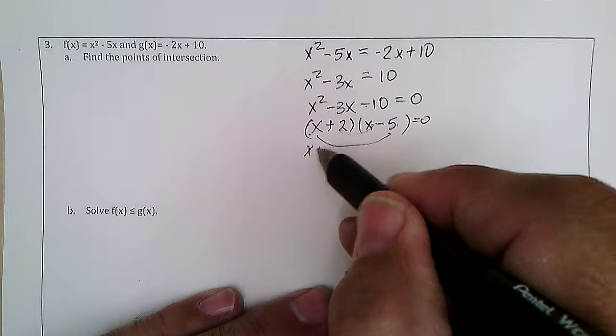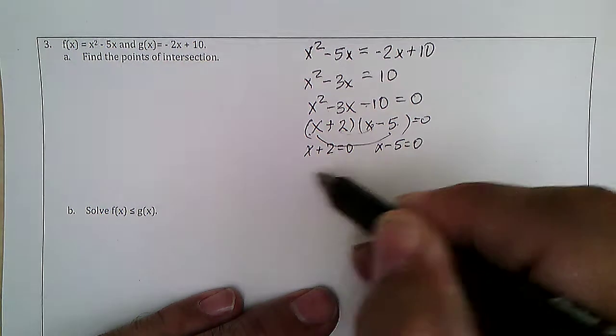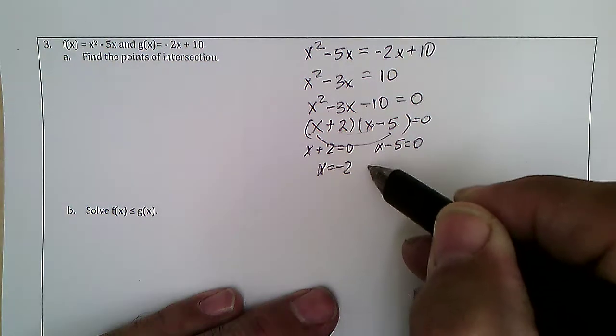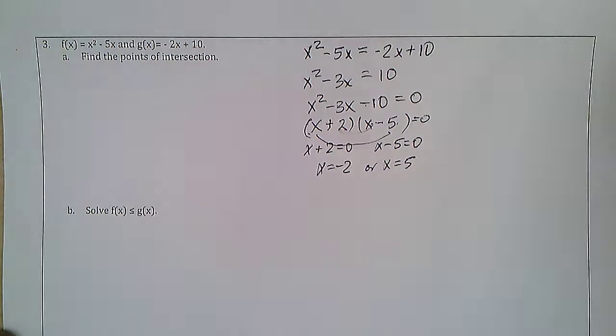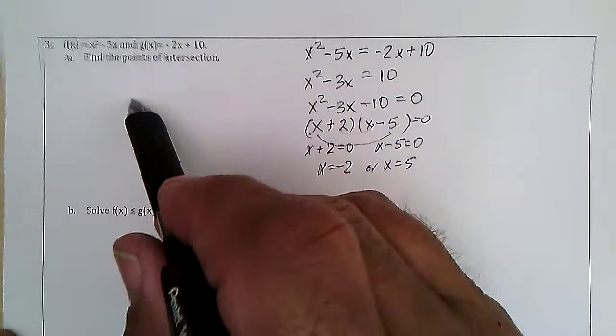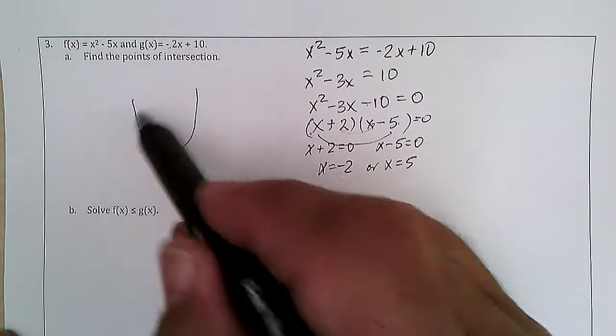So x plus 2 equals 0, or x minus 5 equals 0. So x is equal to -2 or x equals 5. Now, let's just kind of sketch what we got going on here. A parabola. A negative sloping line.